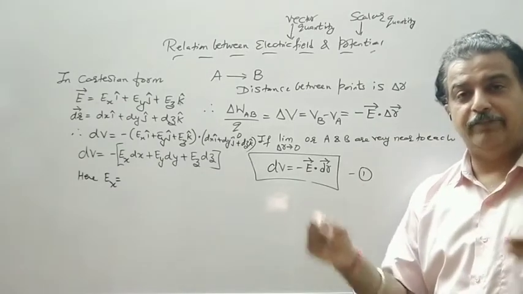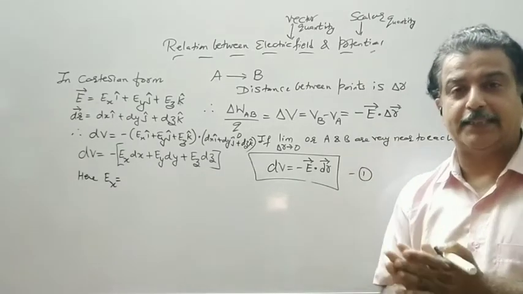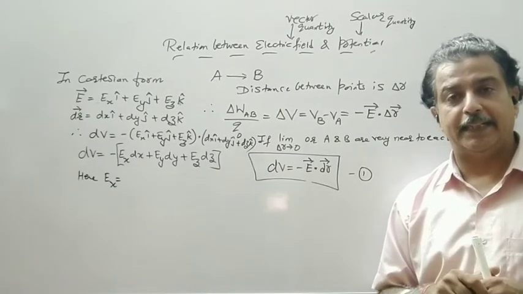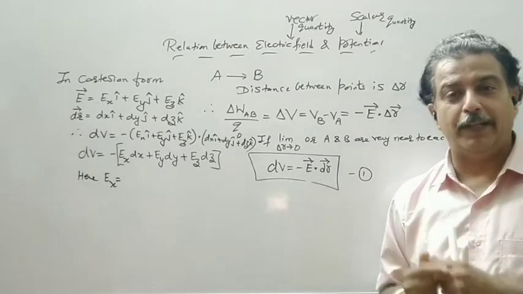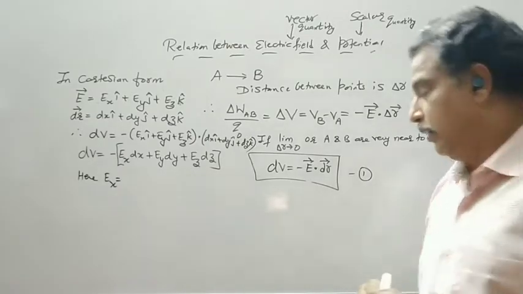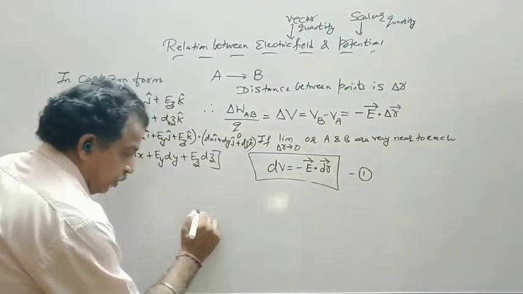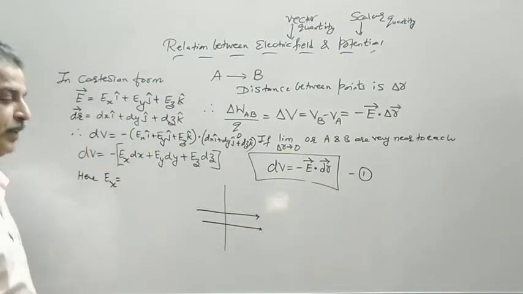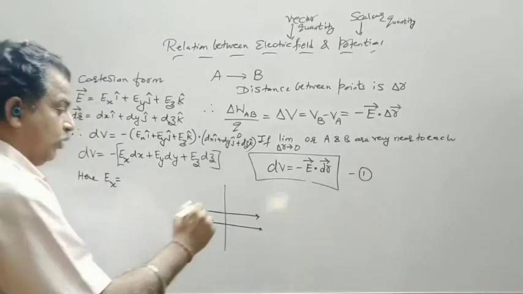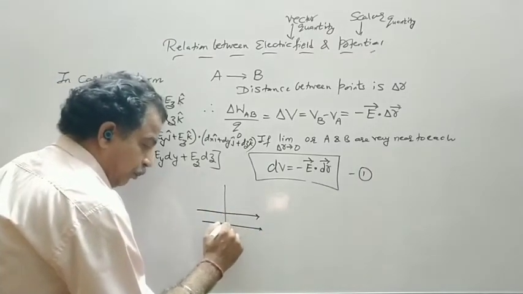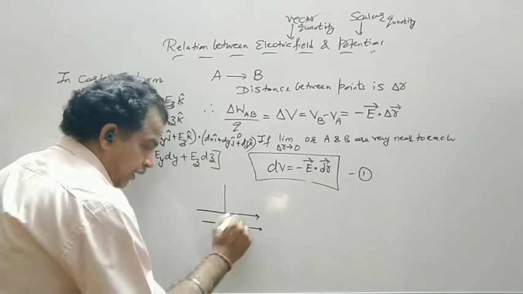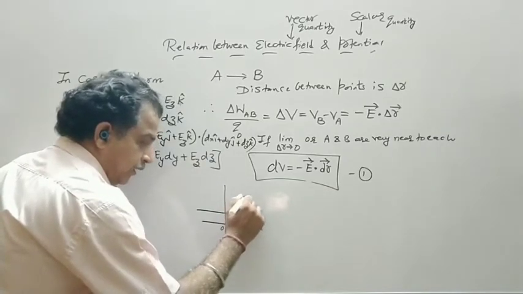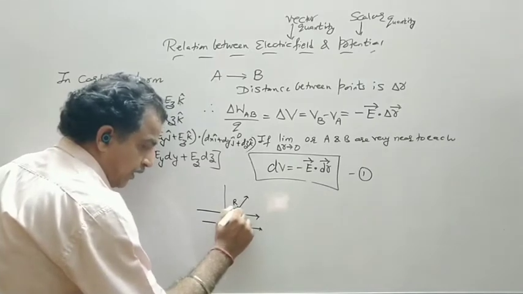But if the electric field is along the x-axis only and I am moving in the xy plane, this is our x-axis, the field is along the x-axis and I am moving in this direction, say from point P to point R. This is the direction of the displacement.